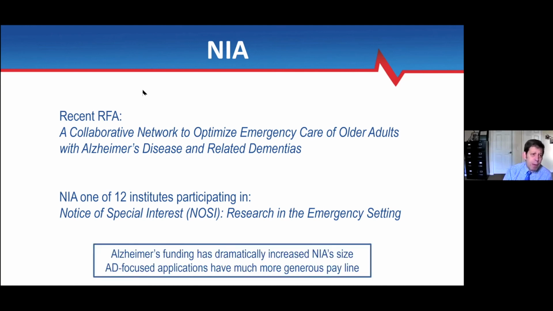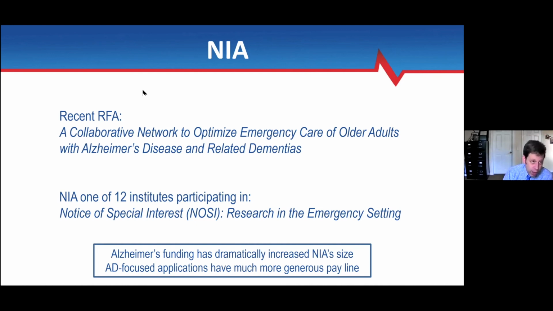Also, and I would be remiss if I did not point this out very, very emphatically, Alzheimer's funding has dramatically increased NIA's size. In fact, if you were to look at all the NIH institutes and rank them by the amount of funding, NIA jumps several spots because of the increased focus and the increased appropriation by Congress of research funding to Alzheimer's disease.